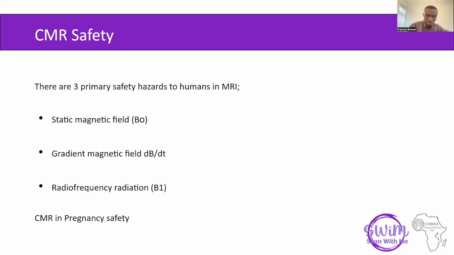We also have the radio frequency radiation produced by the radio frequency coil pulses, and this can produce a lot of heat. So it can also cause skin burns if proper insulation is not adhered to. That's why when you put a patient in the scanner, you should insulate the patient. Don't allow the patient's skin to touch the gantry, which can result in skin burns.